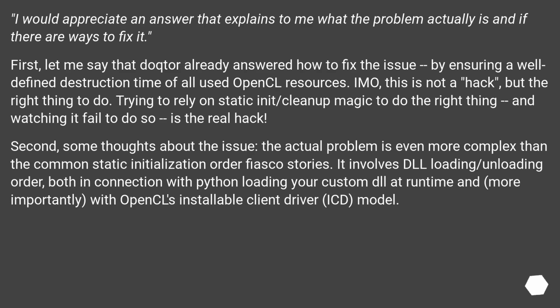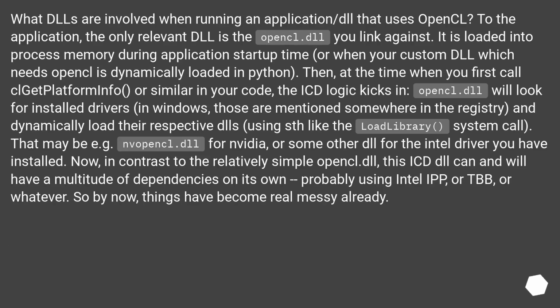The actual problem is even more complex than the common static initialization order fiasco stories. It involves DLL loading/unloading order, both in connection with Python loading your custom DLL at runtime and, more importantly, with OpenCL's installable client driver, ICD, model. What DLLs are involved when running an application/DLL that uses OpenCL?